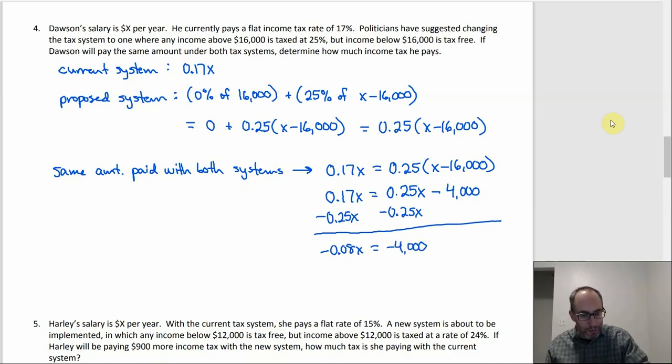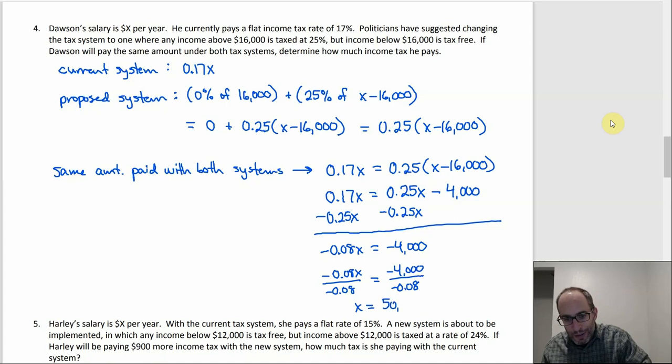And then if you divide both sides by negative 0.08, what you will end up with is that x is going to be $50,000. Negative 4,000 over negative 0.08 would be the same thing as 4,000 over 0.08 when you put it in your calculator. So that's what you get.